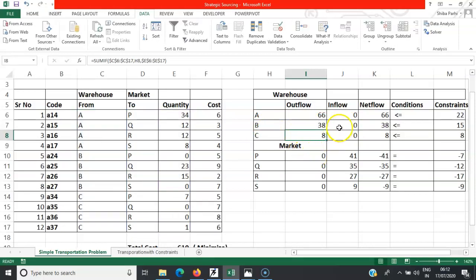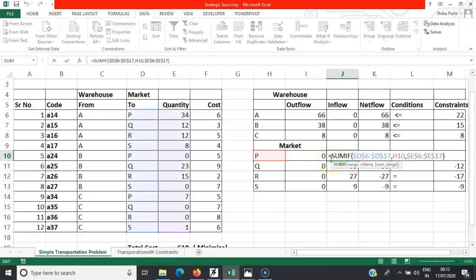And the quantity inflow to A, B, C is here 0, because no quantity is coming to A. Only warehouses are supplying, they are not receiving. So warehouses are the supplying points, and the receiving points are the market points. Here the market point is not supplying, they are receiving.